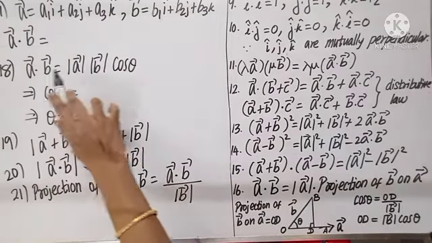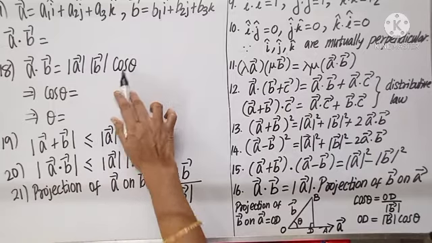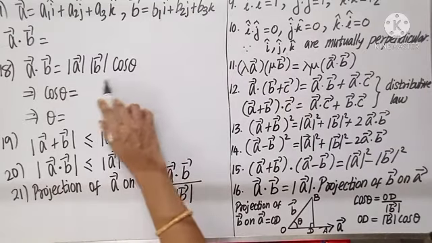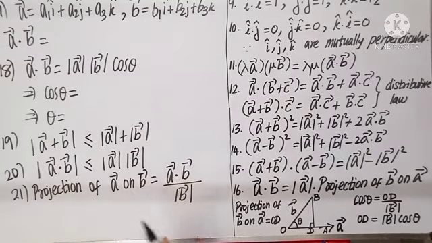A dot B is mod A mod B cos theta. Instead of mod B cos theta, I can very well write OD, the projection of B on A. So the formula for A dot B geometrically can be stated as mod A into projection of B on A.